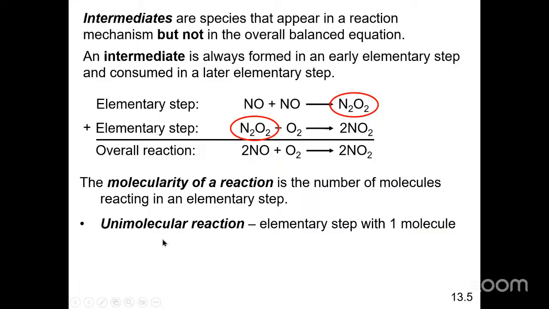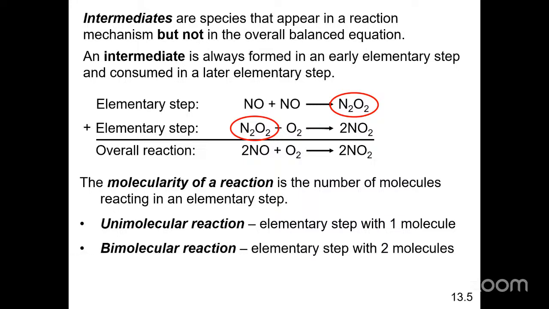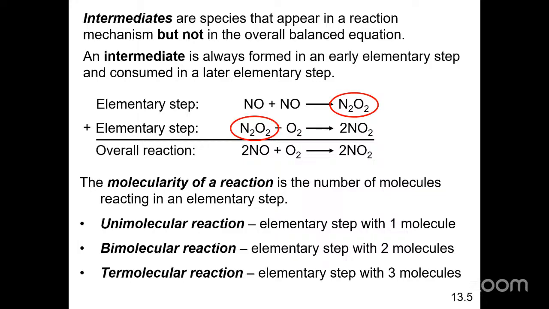There are some other terms that relate to molecularity. We say that the step is unimolecular if only 1 molecule is involved, bimolecular if there are 2 molecules involved, and termolecular if 3 molecules are involved in an elementary step. But you need to realize that the likelihood of 3 molecules colliding at the same time is almost 0.